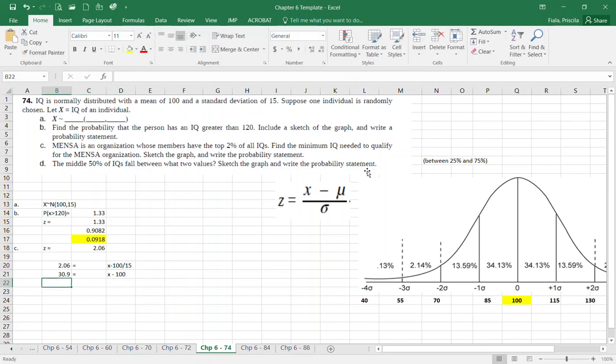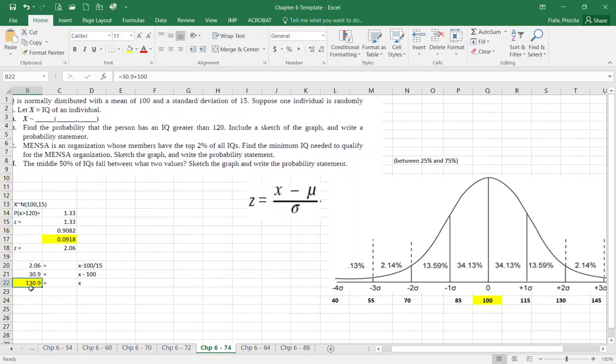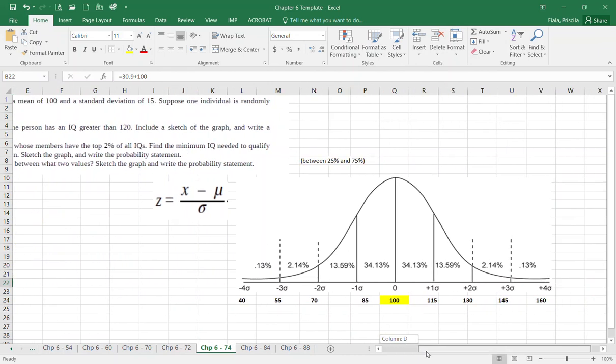Okay, and now you're going to do 30.9 and move 100 over here, plus. So 30.9 plus 100 equals x, and that would be the value: the minimum IQ needed to qualify for the Mensa organization is 130.9, which is right about here.